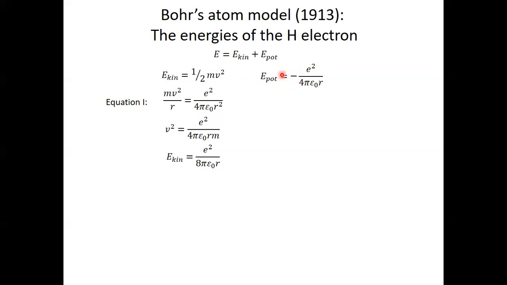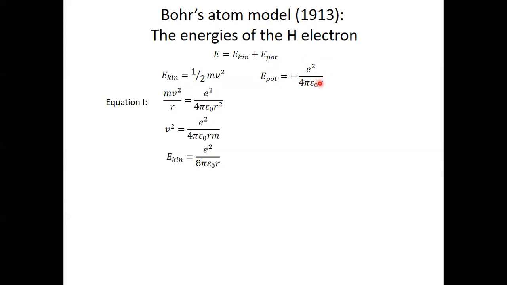You can understand this the following way: when you have a proton and a free electron, and you add the free electron to the proton to make a hydrogen atom, this is an exothermic process. So this is another way to understand this negative algebraic sign. So the potential energy is minus e squared over 4 pi epsilon 0 r.